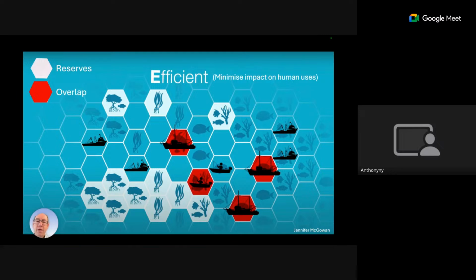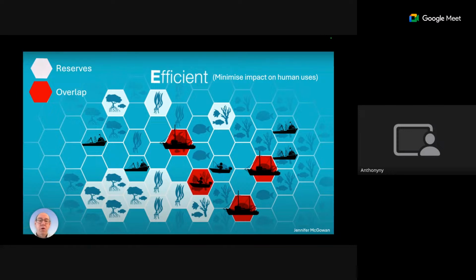And you can see that it's a spatial problem. So here, these are different planning units, these hexagons, and you can see the biodiversity, which we call features. And so we want to protect, again, part of all the different types of biodiversity. And you do some sort of optimization, you come up with these areas in white, but we've got these overlap areas with fishing, and people want to fish.